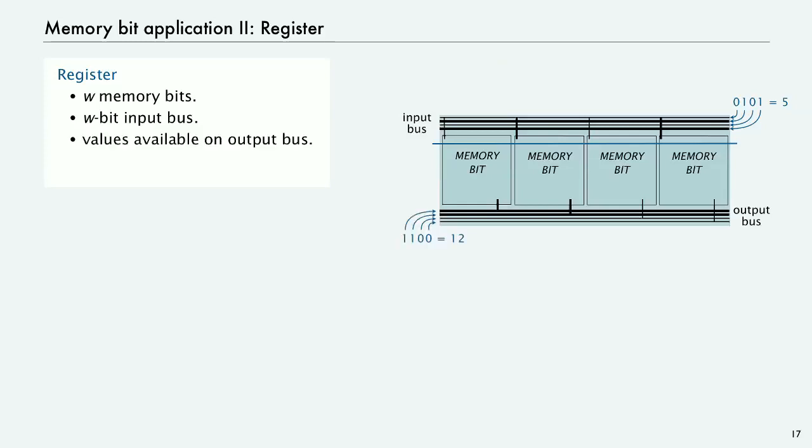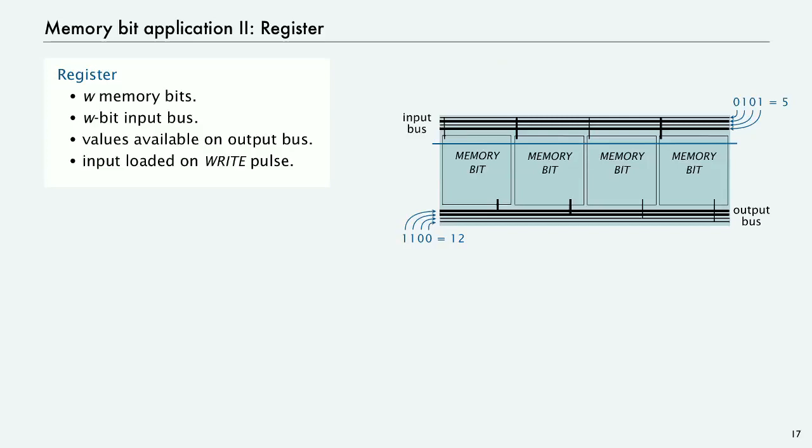And now those are available on the input bus, but they're just sitting there. They're not being used because the write control is off. So we might have different values on the output bus. Those are the current values of what's in the memory bits. In this case, 1100, which maybe represents 12.